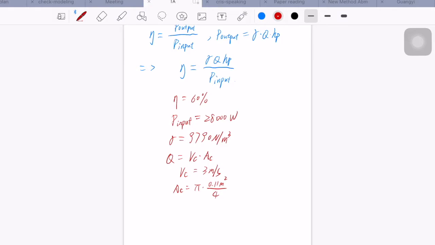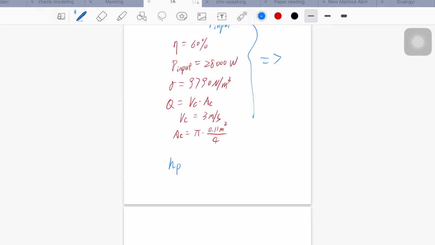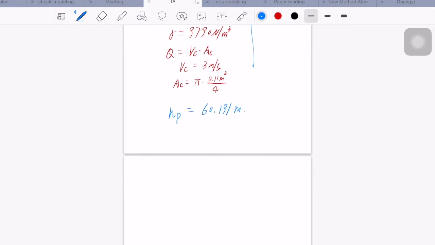So now we can get that HP should be equal to 16.191 meters. And we know HP equals H plus 3 times VC squared over 2g.